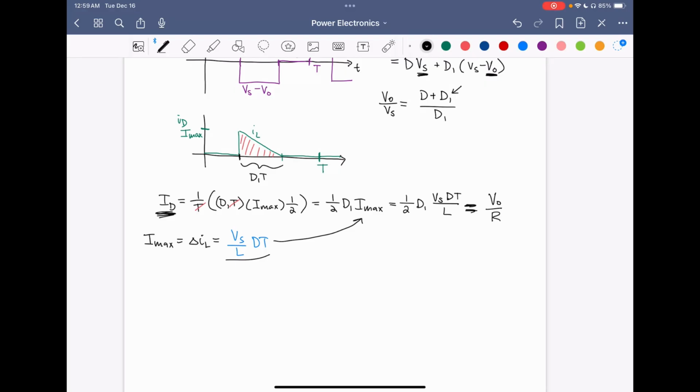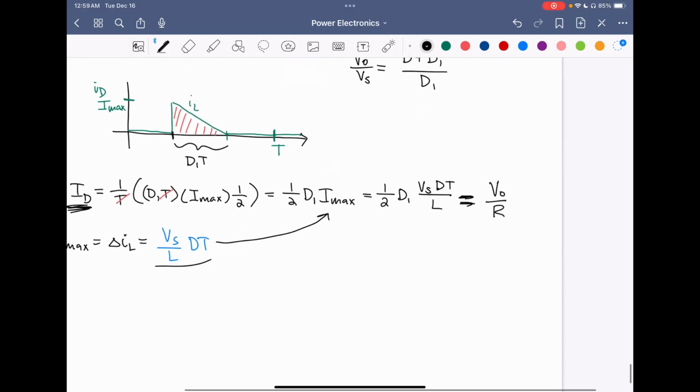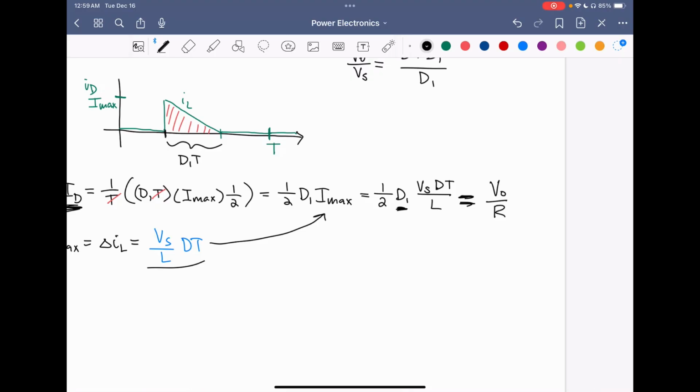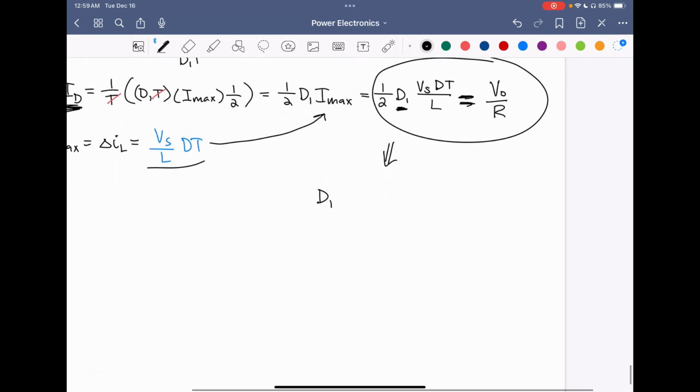So with this equation, we can solve for D1. Using this equation, we will find that D1 is equal to Vo over Vs times 2L over R dT.